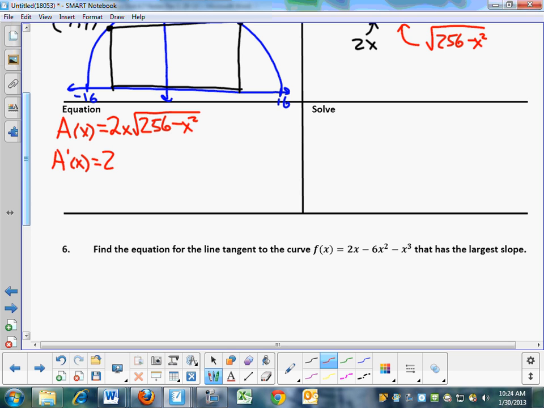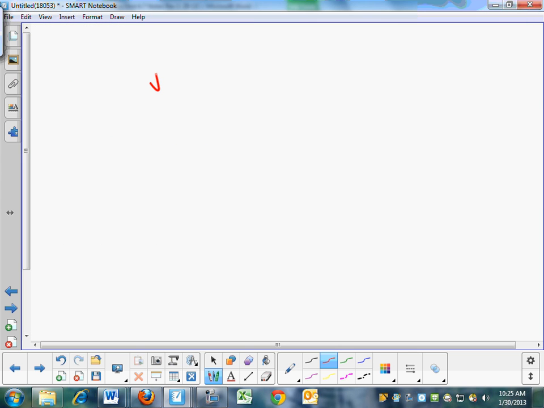Times the second part left alone, 256 minus x squared, plus 2x times the derivative of the square root of 256 minus x squared. For that, I need to use, so I'm going to make some space here, 256 minus x squared.